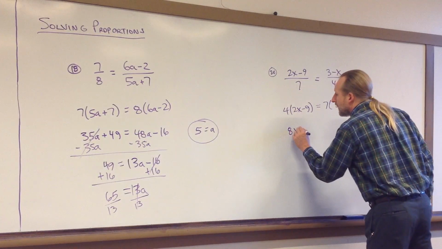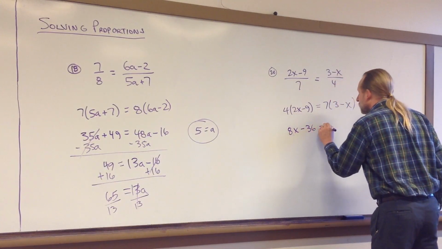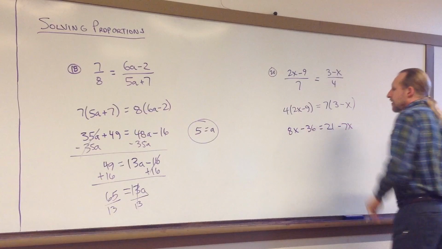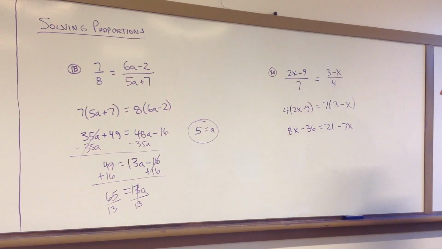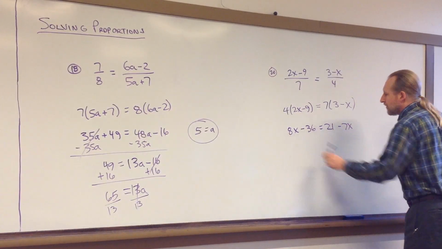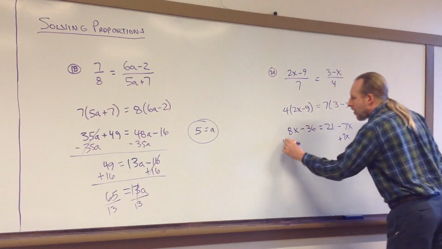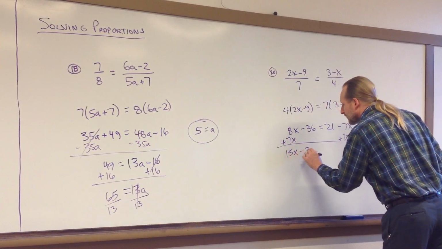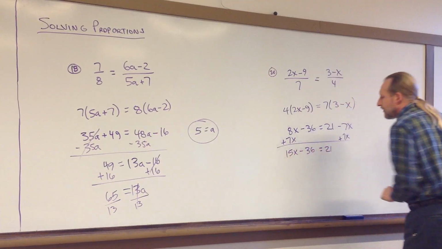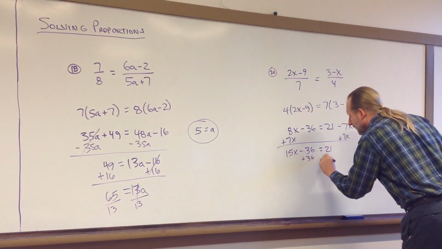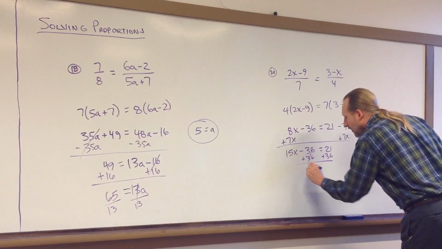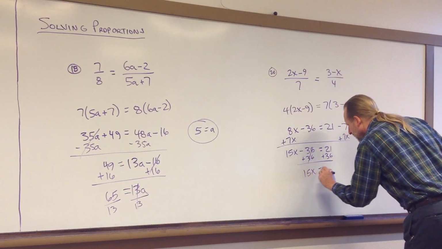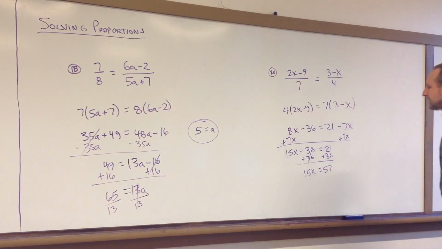So 8x minus 36 equals 21 minus 7x. Okay, I'm going to move the 7x over here. So that'll be 15x minus 36 equals 21. And then we'll add the 36. Let's see, 15x equals 57.